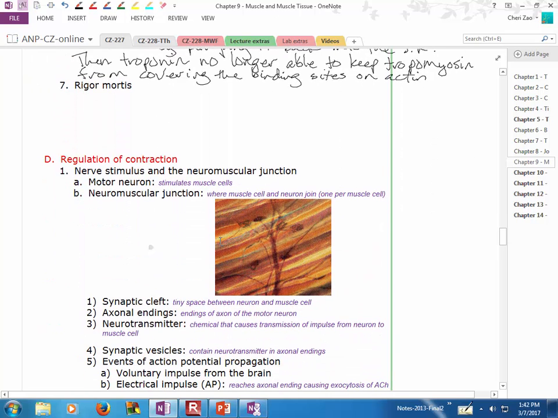Now let's talk about rigor mortis, because we actually alluded to rigor mortis previously. Rigor mortis is because we run out of ATP, because ATP is necessary first for cross-bridge detachment and resetting of the myosin heads so that we can continue to shorten the sarcomere. So rigor mortis occurs because you're dead, right? So person is dead.